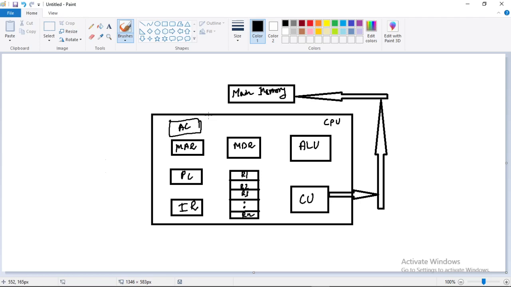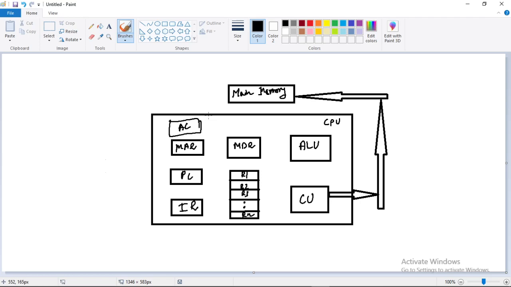It can be 8, 10, 16, or 32. If the manufacturer wants to give more general purpose registers, they can, but the cost will increase. If the number of registers inside the CPU increases, then automatically the cost will increase.